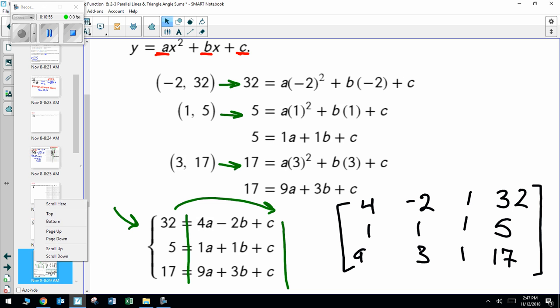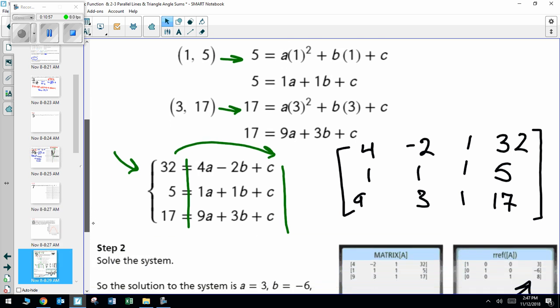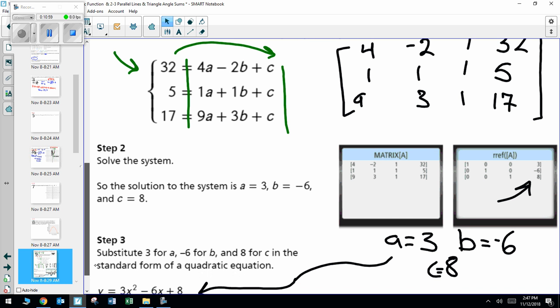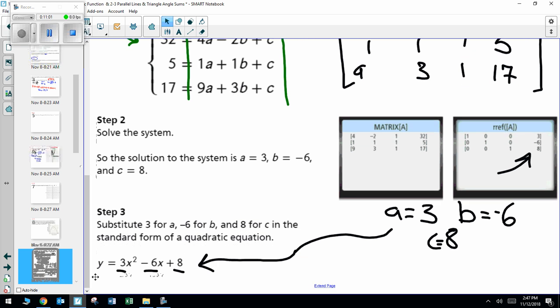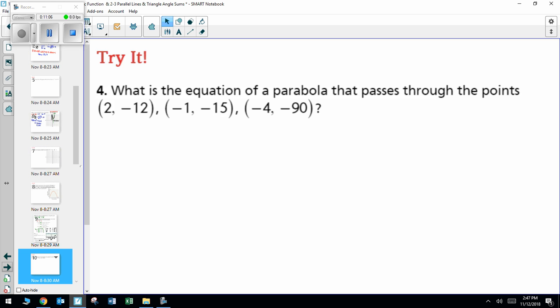Use the matrix calculator to tell me my A, B, and C values, and plug them in to finish the equation. And let's see what one of those looks like.